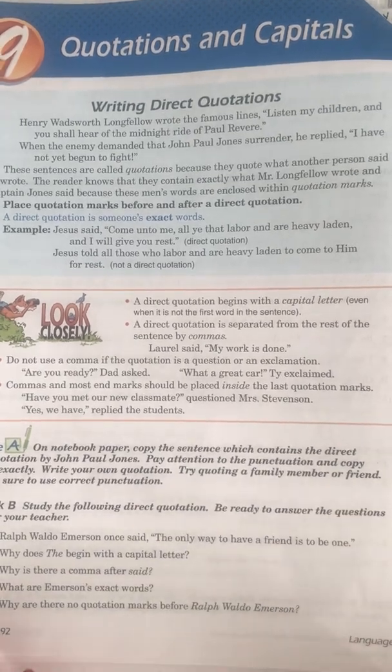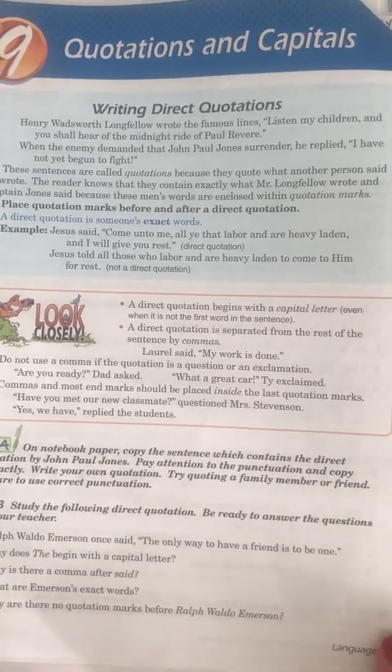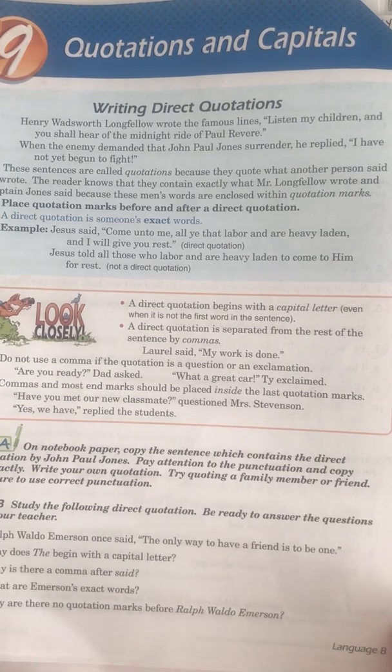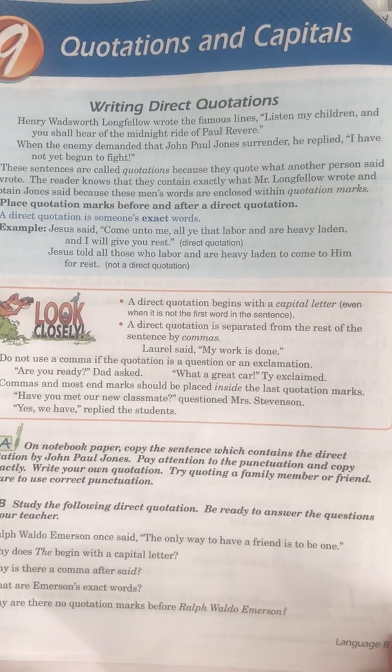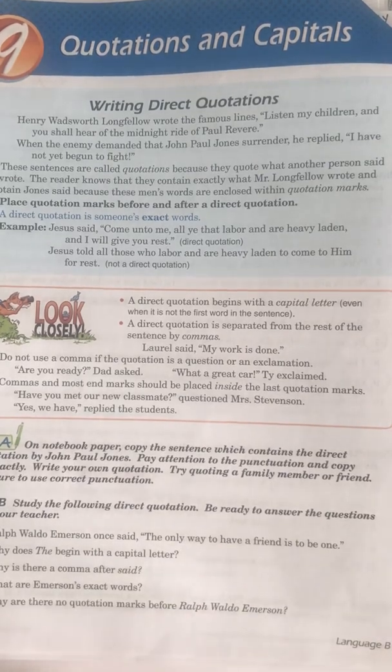You use these quotation marks. And I'm sure that this isn't the first time you've seen this. So these sentences are called quotations because they quote another person or what another person said or wrote. So what we're going to do is learn how to place quotations and also how to write quotations.